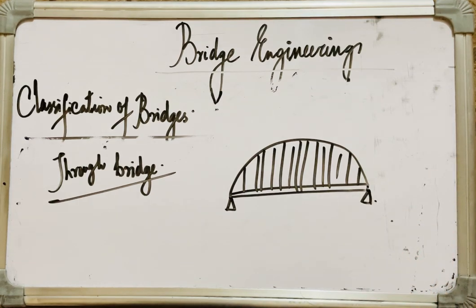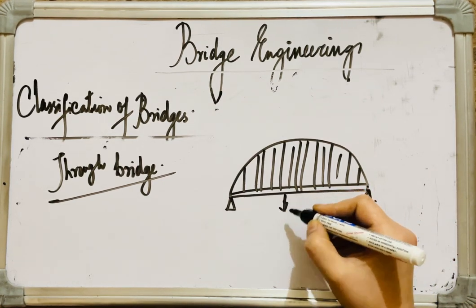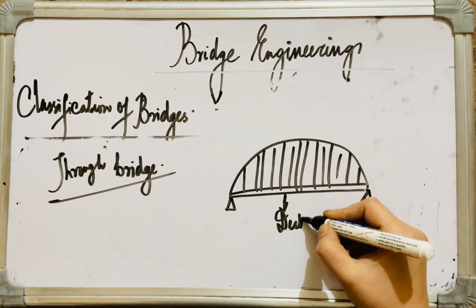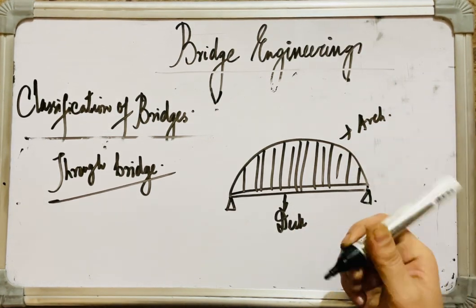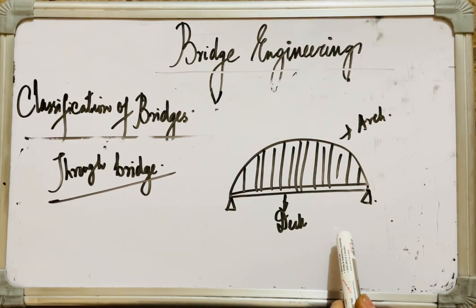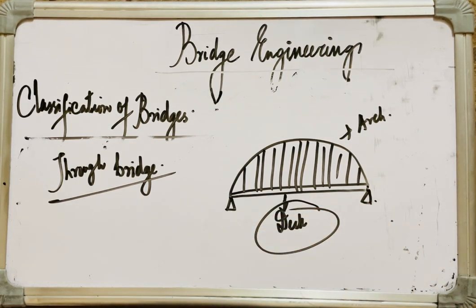In this case, this is the deck and this is the arch, and the deck is below the supporting structure. All those bridges wherein the deck remains below the supporting structures are known as through bridges. That means our tied arch bridge or bowstring girder bridge is a through bridge.